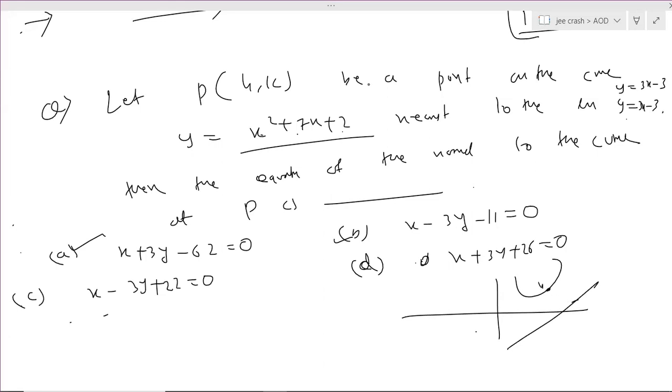If h comma k is the nearest point, then can I say the tangent at this point will be parallel to this line? Yes or no? Yes, sir. So use this, and we know the parallel lines will have the same slope. So use that and find the equation of normal. Right? Very easy question.